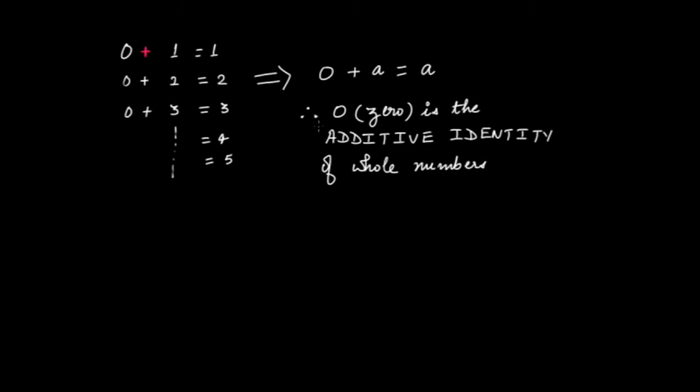By the additive identity, we mean that if 0 is an additive identity, then if you add 0 to any number, in this case we are talking about whole numbers, then you will get back the same number, and therefore 0 would be the additive identity of whole numbers.